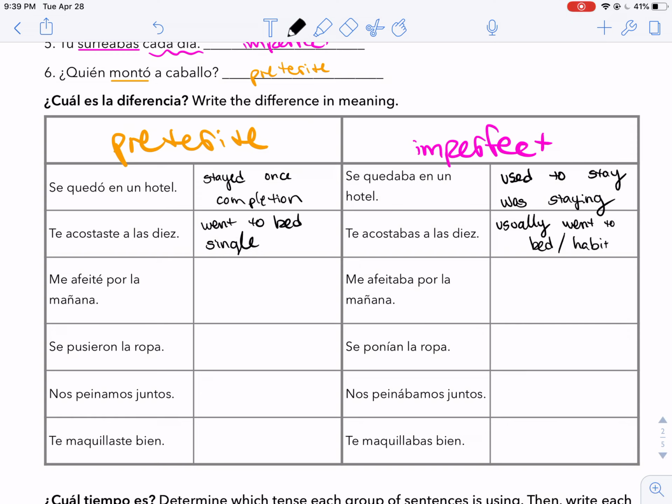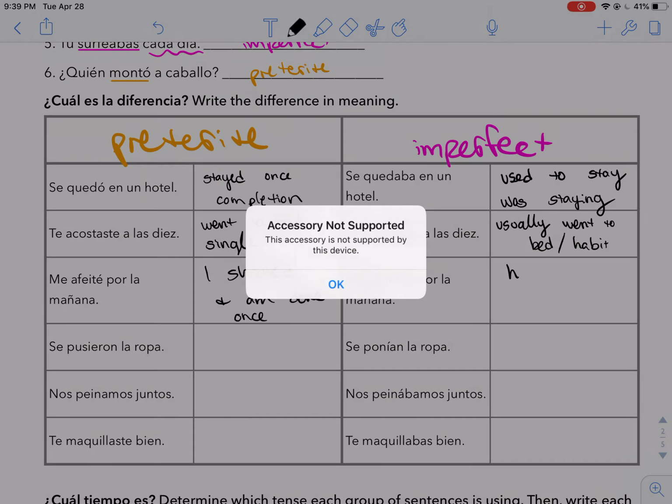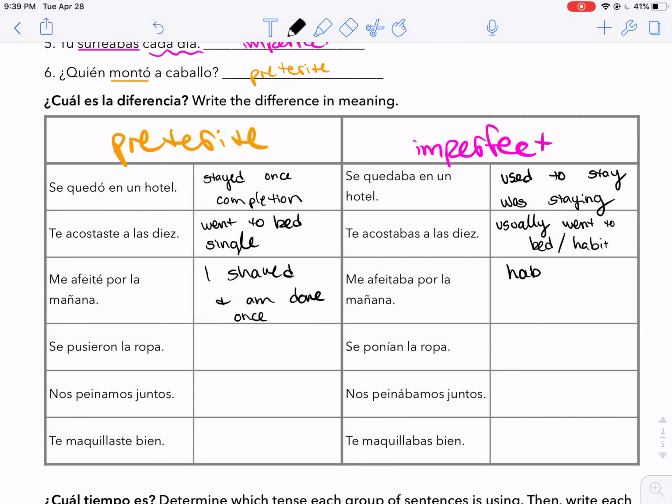Next, me afeité por la mañana is I shaved and I am done shaving. It's something I did once. Me afeitaba por la mañana, on the other hand, implies a habit. Or maybe I was shaving when I was interrupted by something else.